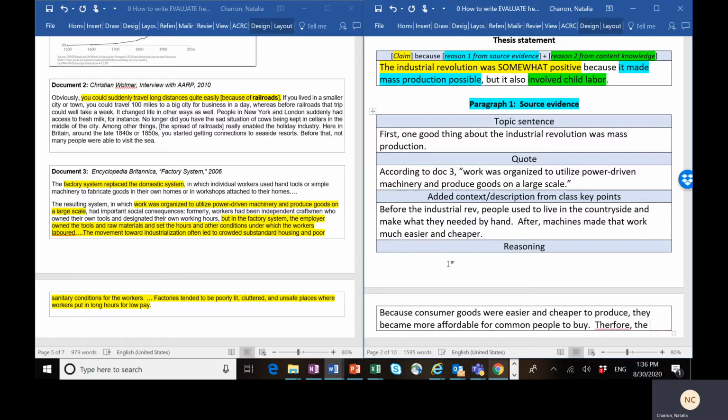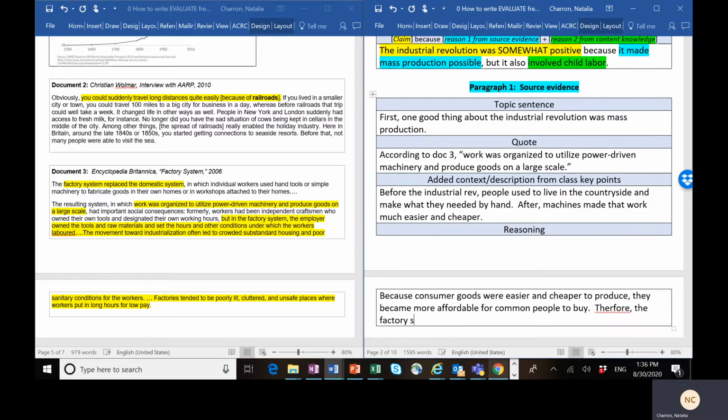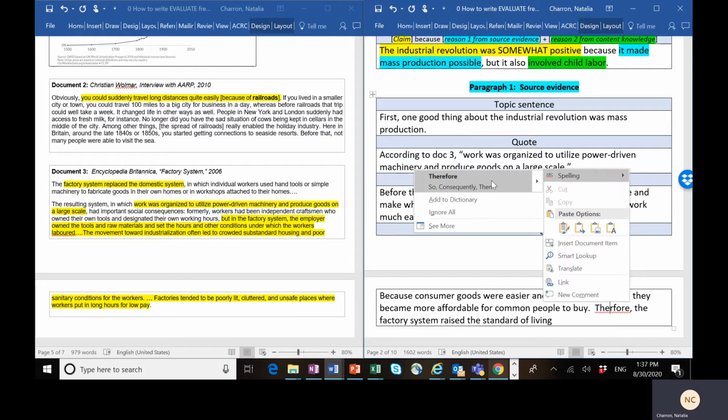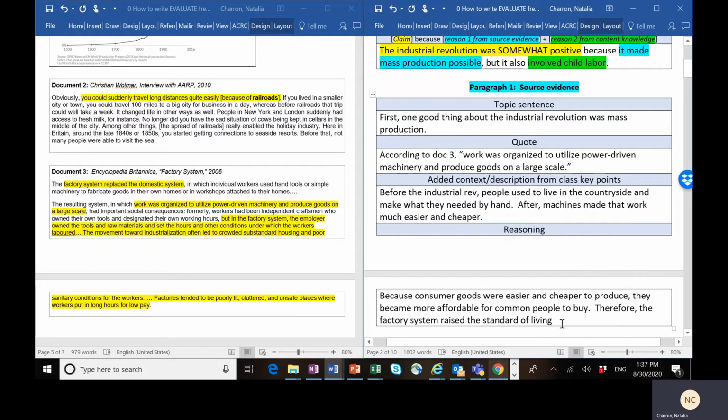Therefore, the factory system raised the standard of living, and that should do it. But if I want to be extra clear how this connects, I could add, which makes this a positive development.